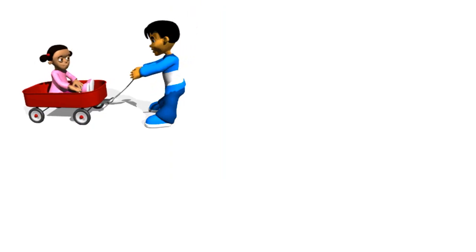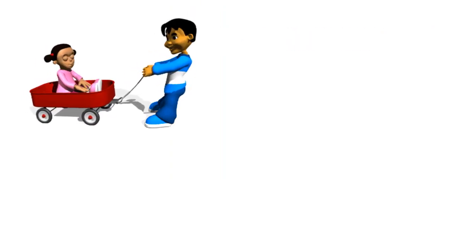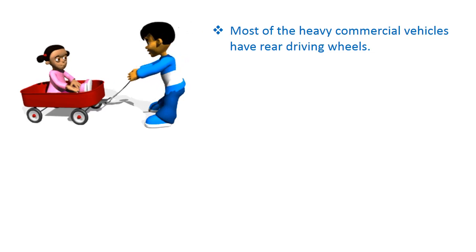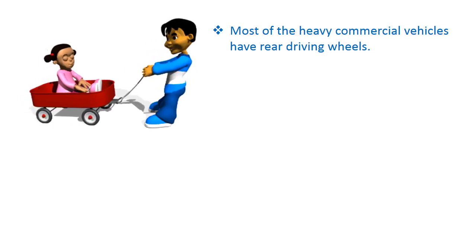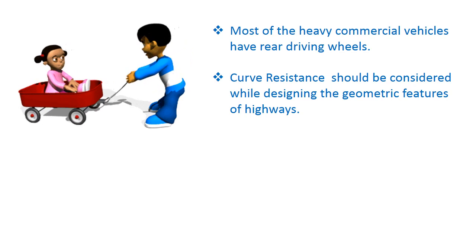Most heavy commercial vehicles have rear driving wheels, and on sharp curves additional resistance arises on highways. Curve resistance should be considered while designing the geometric features of highways.